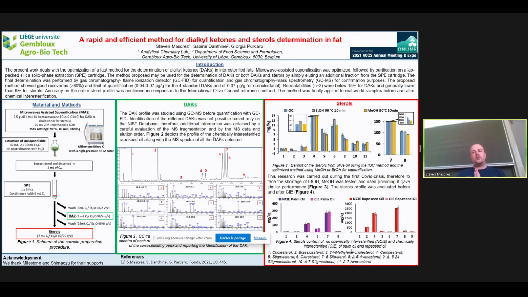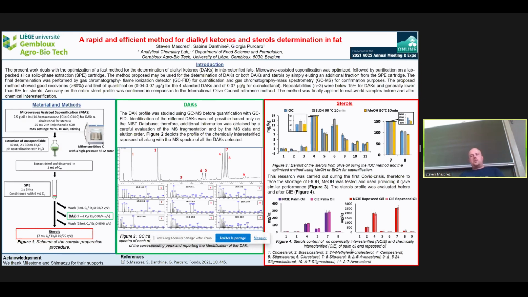So it was a good occasion to see the impact of using ethanol versus methanol on the final extract. What we can see is that generally the quantification is the same. We can see some little differences, but especially for the really low compounds in the olive oil, and especially those eluted close to the higher one, beta-sitosterol, which can affect their signal.